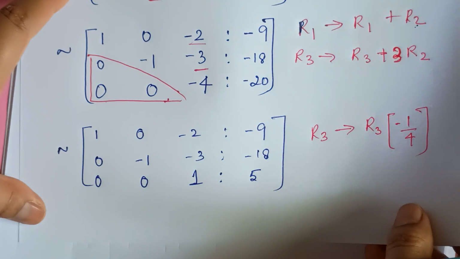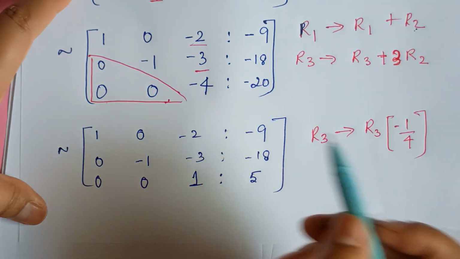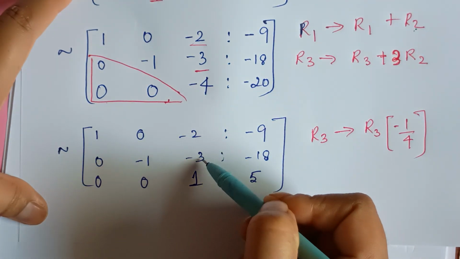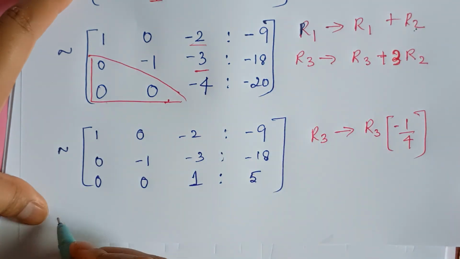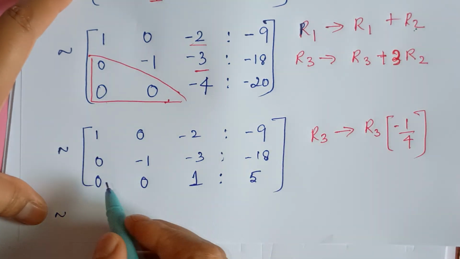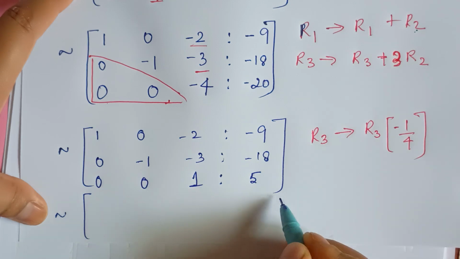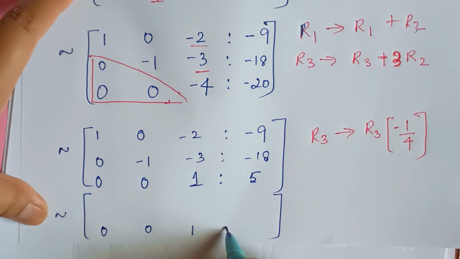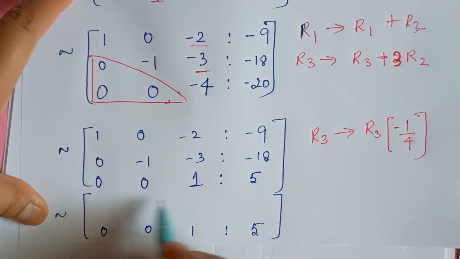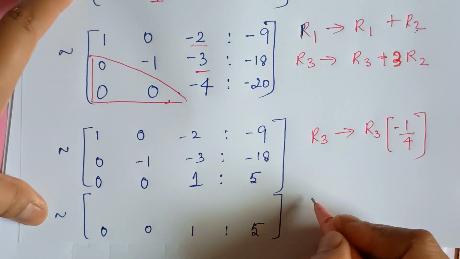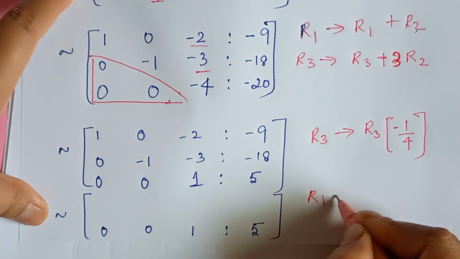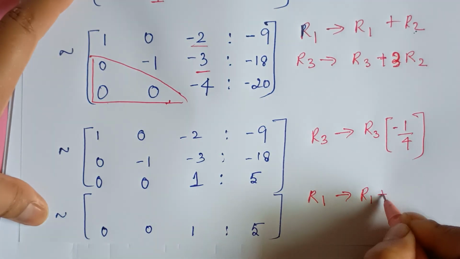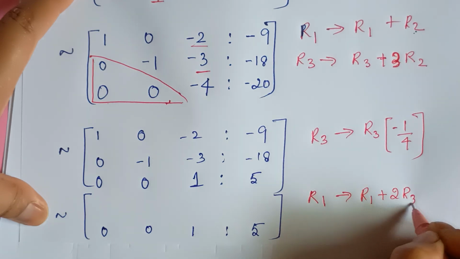Now in the next step, I am going to reduce these two to 0. So let me try here only. I have less space, but that is totally fine. I'm not gonna touch row 3. Let me keep that as it is, because using row 3 I'm going to reduce row 1 and row 2. So let me see, row 1 changes to row 1 plus 2 times row 3.